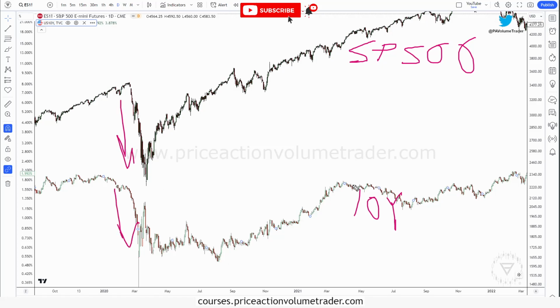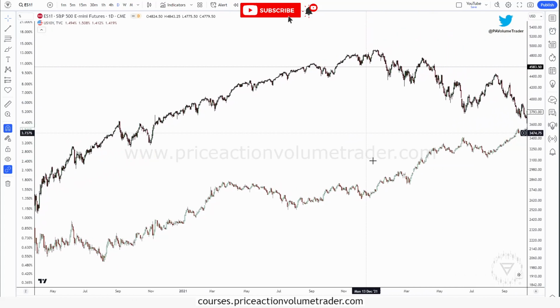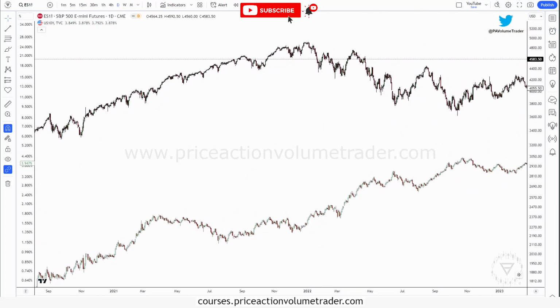And then pretty much from this period, from March 2020 up until March of 2021, during this whole year, both markets traded in correlation to the upside. And then around March, the S&P kept going up until the all-time high that we had at the end of 2021.